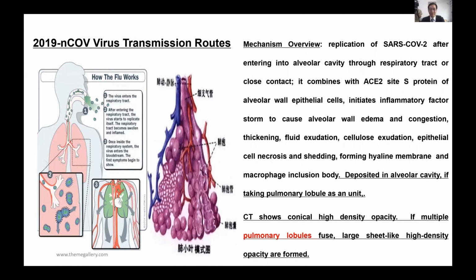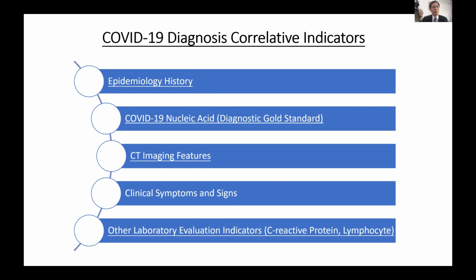If multiple pulmonary lobules are involved, a larger sheet of high-density opacity forms. Now, the combined COVID-19 diagnosis criteria include epidemiology history, the COVID-19 collected diagnostic standard, CT image features, clinical symptoms and signs, and other laboratory evaluation indicators, for example, C-reactive protein and lymphocytes.